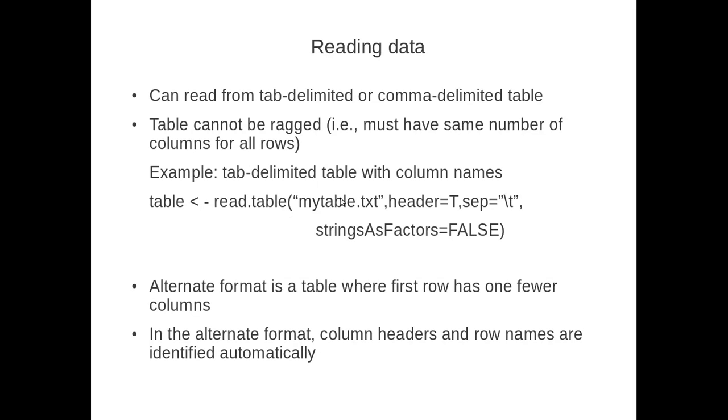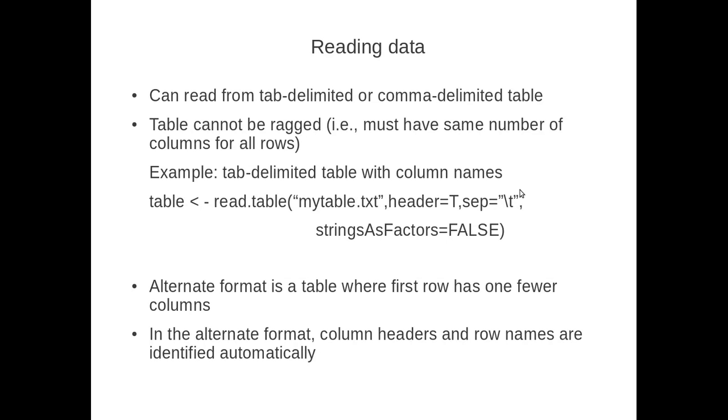Here the first argument is the name of the file. If the table has a header, you use the header equals TRUE option, and that will by default take the first line of the file and assign it as the column names, which we can call at the command line and evaluate.